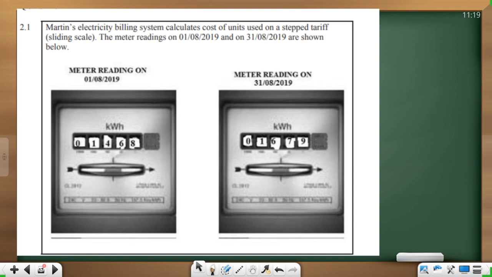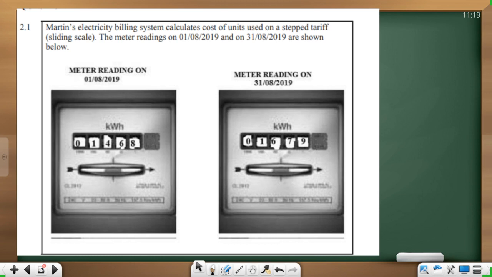All right. Martin's electricity billing system calculate the cost of units used on a stepped tariff sliding scale. The meter reading on 01/08/2019 and 31/08/2019 are shown below. Remember, it's a month reading.